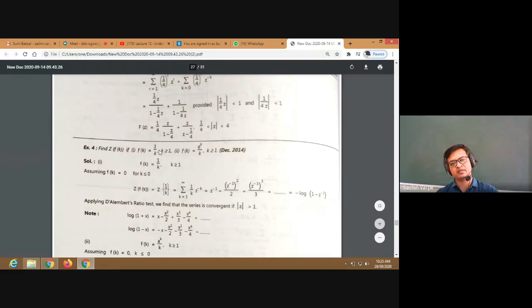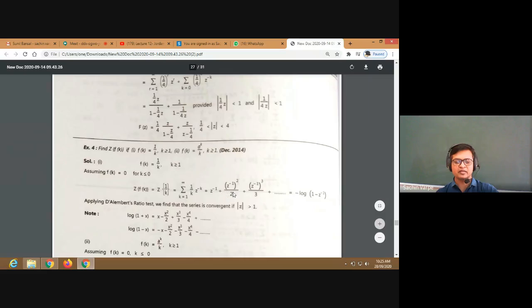There f of k will be 1 and we are dividing by the power of k, which is 1 by k. Anyway, using the basic definition of z transform, the z transform of 1 by k is the summation of 1 by k z raised to minus k, and then by splitting k from 1 to infinity, you will get this infinite summation.